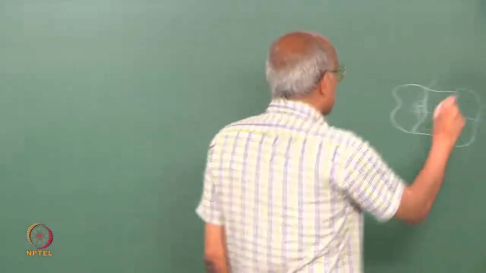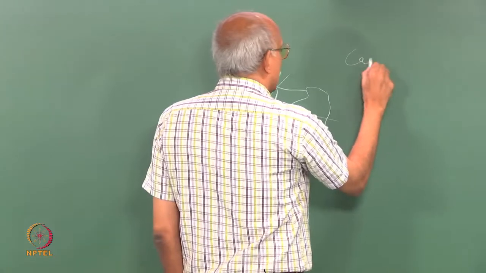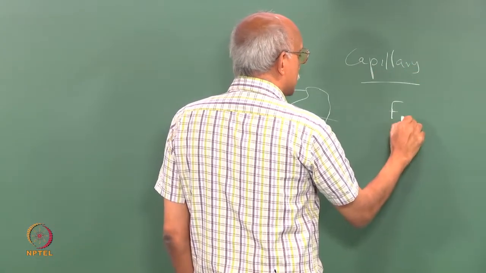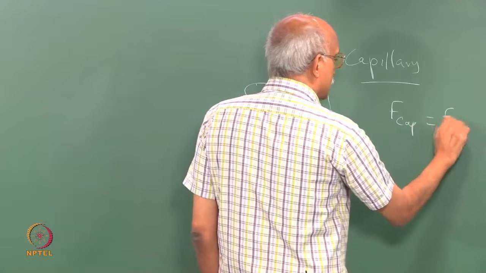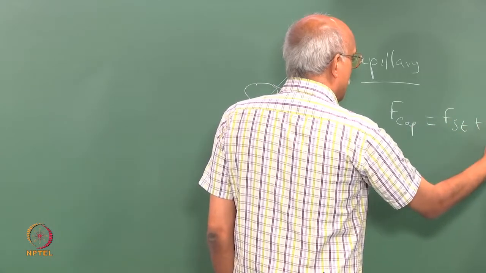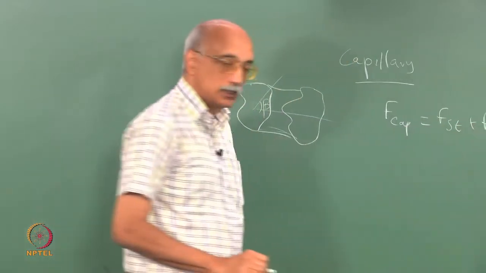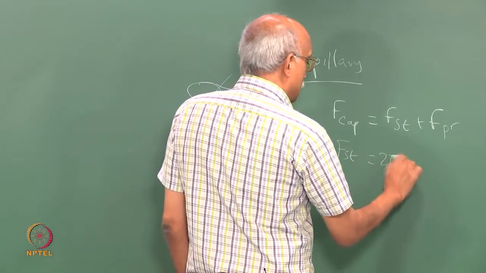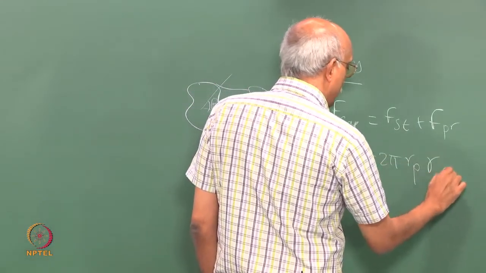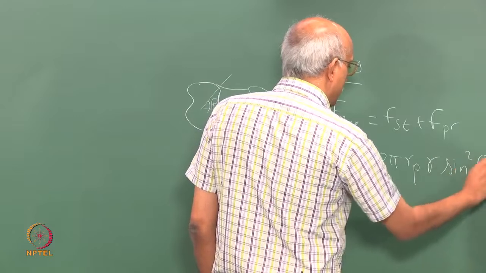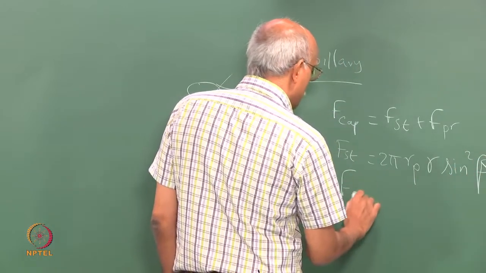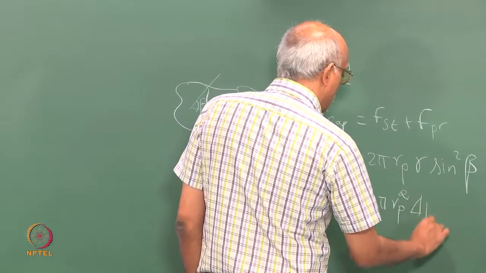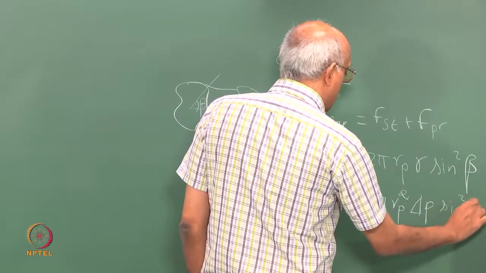So the first force, which is the capillary force, has two components, which is F surface tension plus F pressure differential, and the surface tension force itself is given by 2 pi rp gamma times sine squared beta, and the pressure force is given by pi rp squared times delta p times sine squared beta.